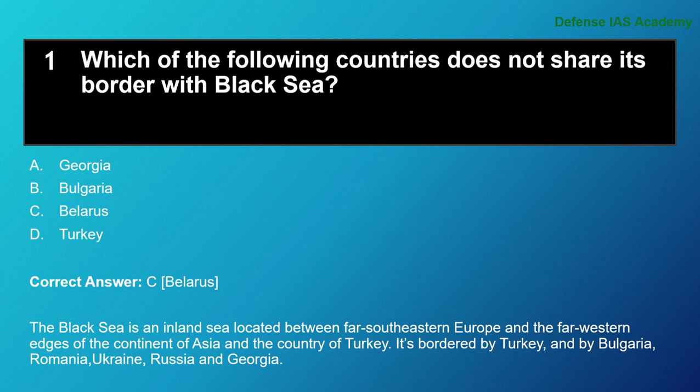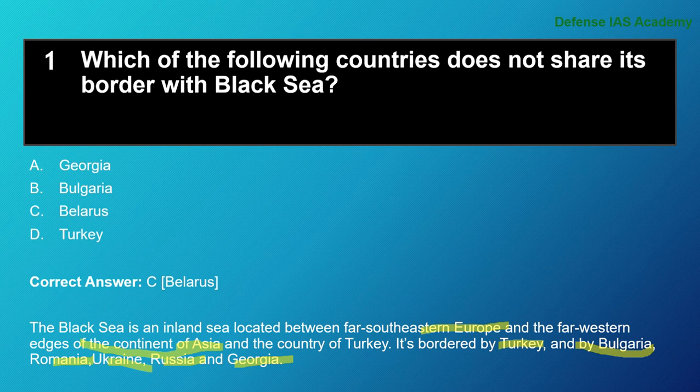So you can see that it is located between far southeastern Europe and the far western edges of the continent of Asia. It is mainly bordered by Turkey, Bulgaria, Romania, Ukraine, Russia, and Georgia.